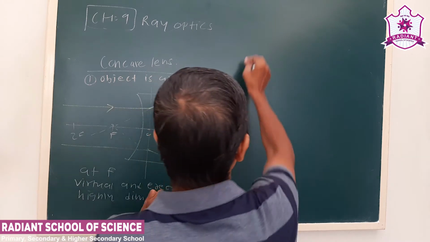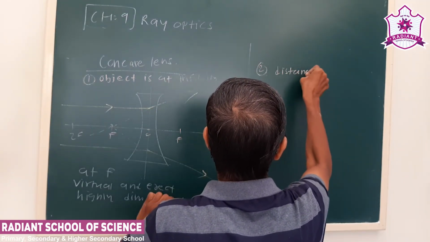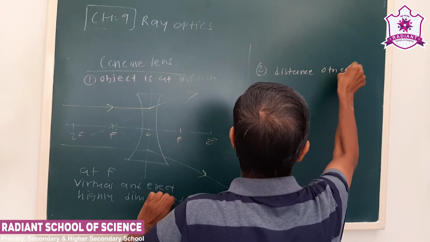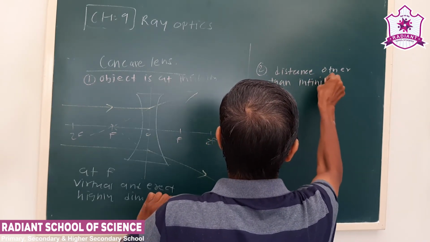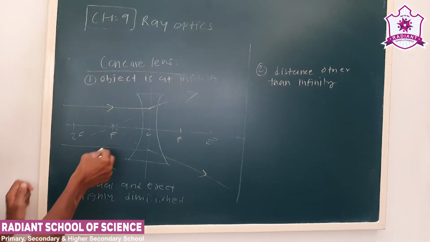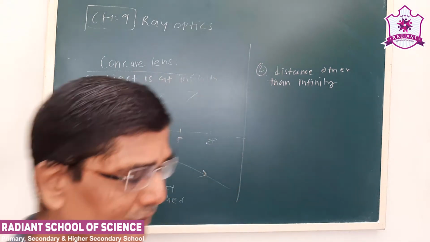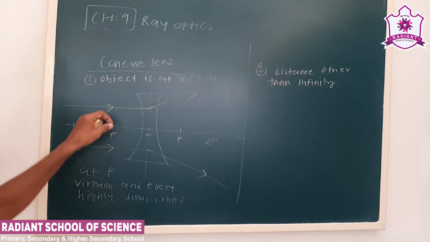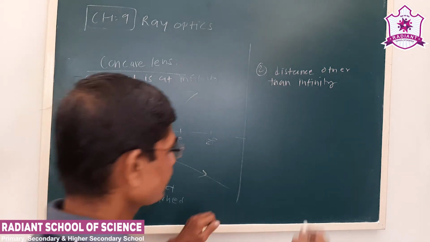Now the second condition, the object at a distance other than infinity. Here, the object was at infinity earlier, and we considered the rays parallel to the principal axis.